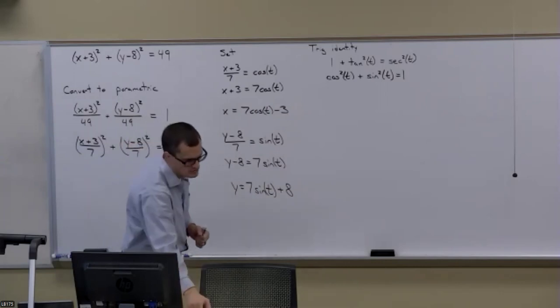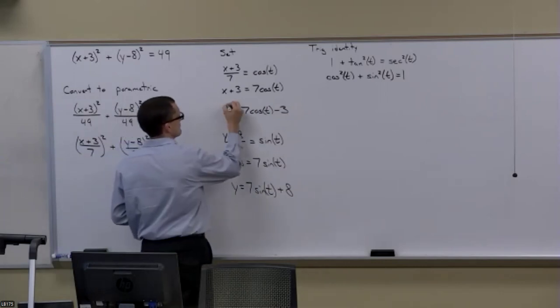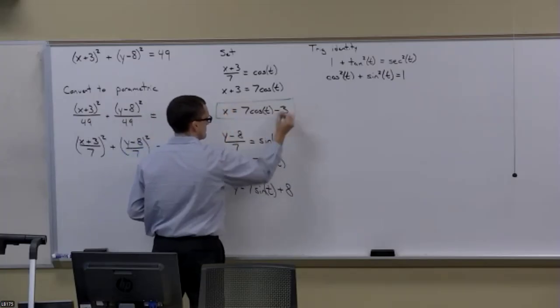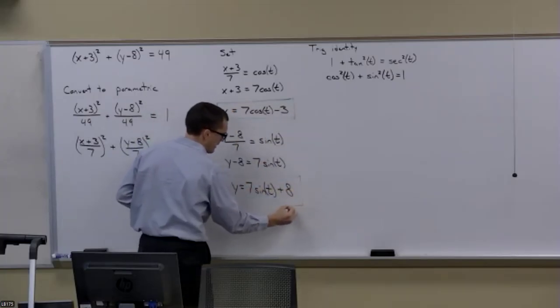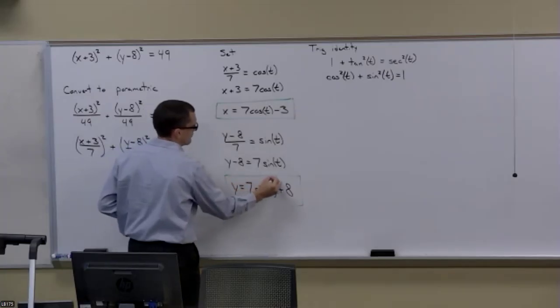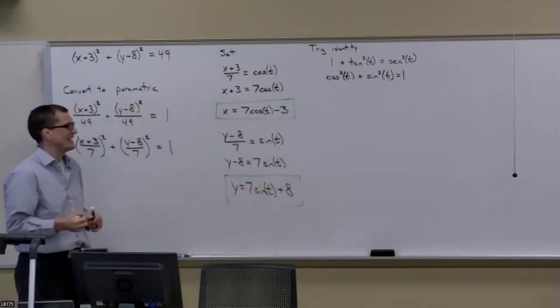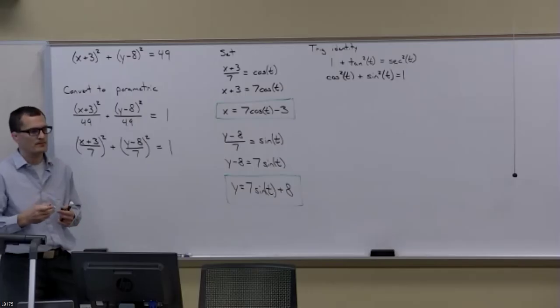I'm going to circle each. Box each. So this is the pair of parametric equations through this indirect substitution.